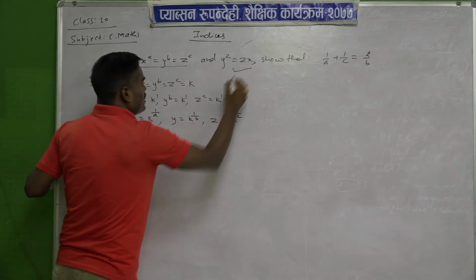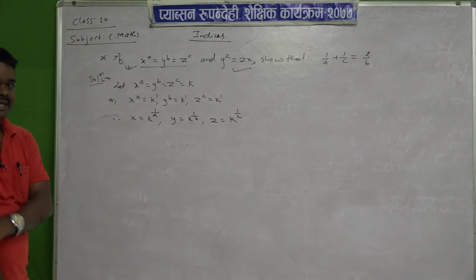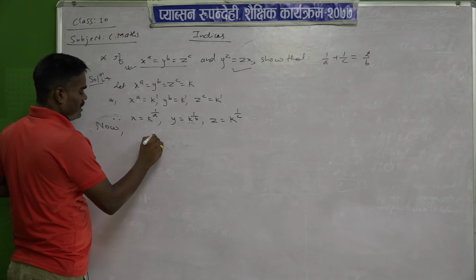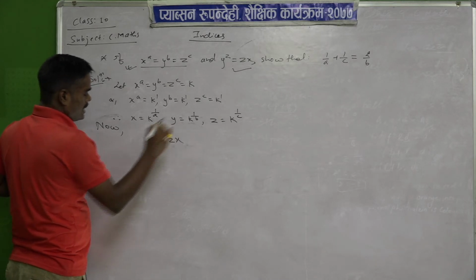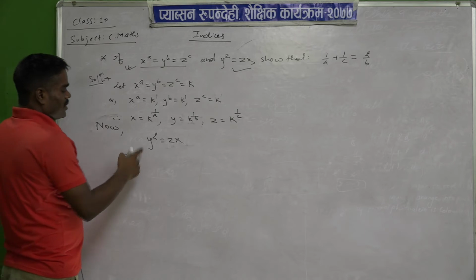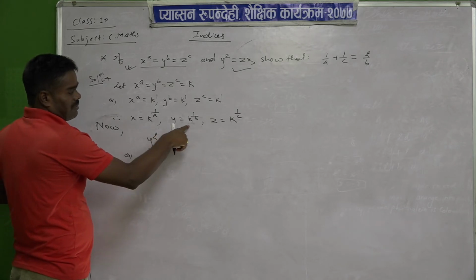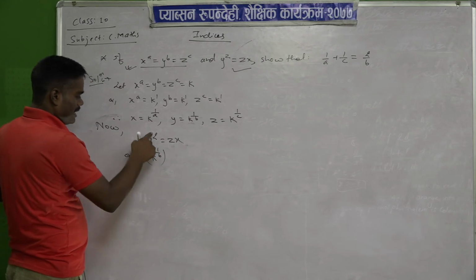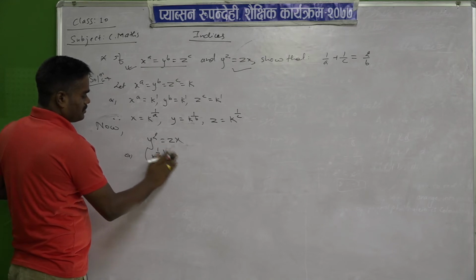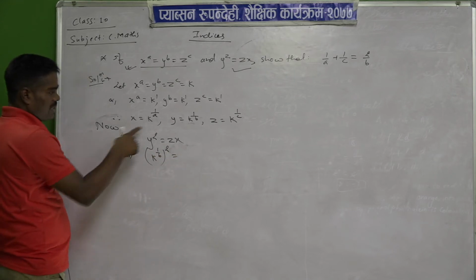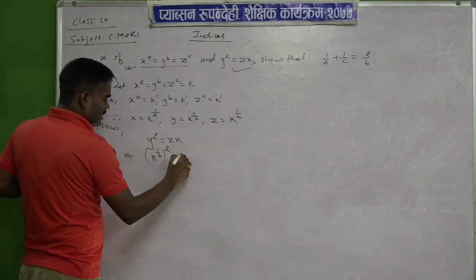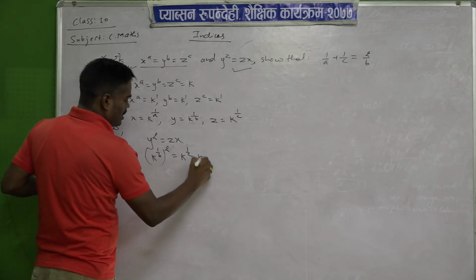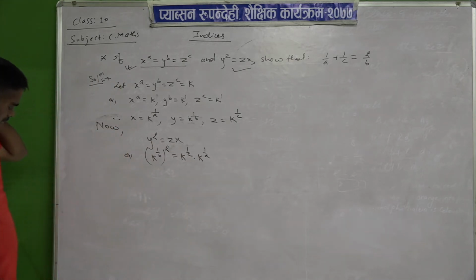And then the next condition given here is y square equal to zx. So, now by the question y square equal to zx. Now put the value y equal to k power 1 by b. So, here write k power 1 by b, and here y square becomes the whole square, equal to z, which means k power 1 by c, into x, which means k power 1 by a.